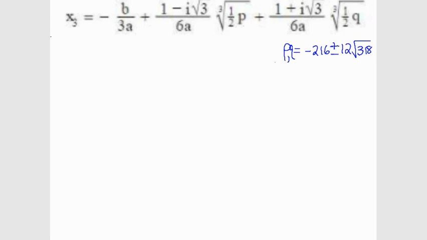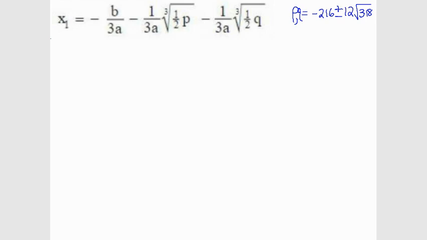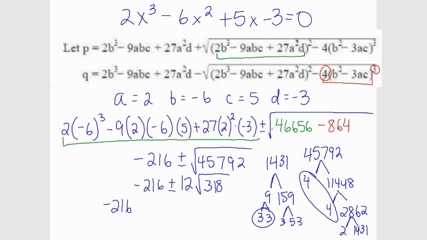Okay, so what we have here is negative b. So let's remind ourselves a is equal to 2, b was equal to negative 6, c was equal to 5, and d was equal to negative 3. Do I have that right? I do have that right. Awesome.